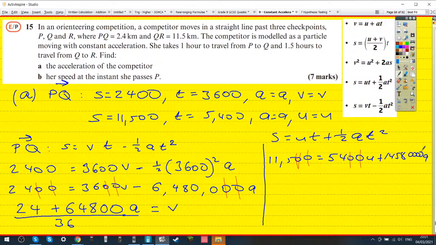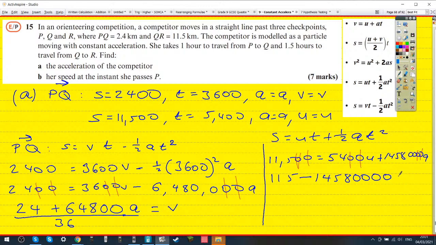They both have A in them. Yes, we want to keep A. The connection is that the V of the first one is the same as the U of the second one. So you could make U the subject just for the sake of clarity.